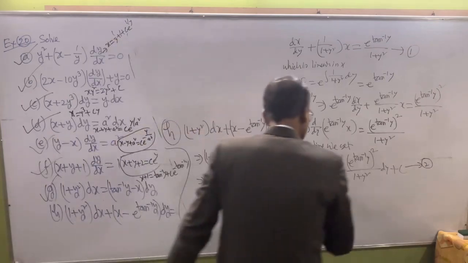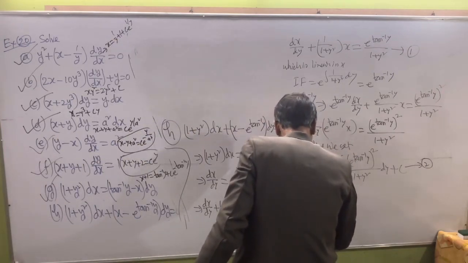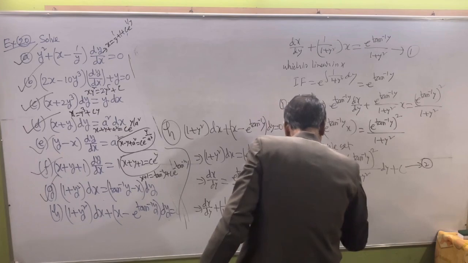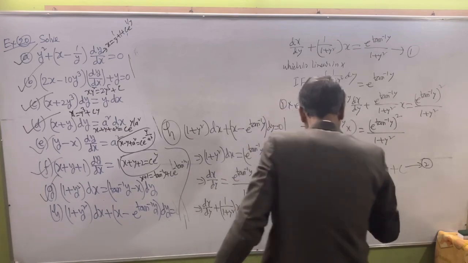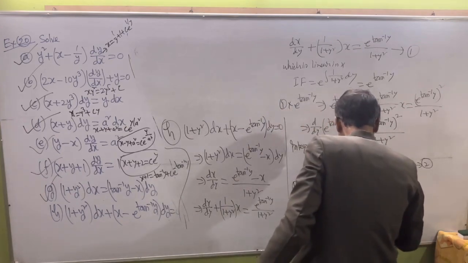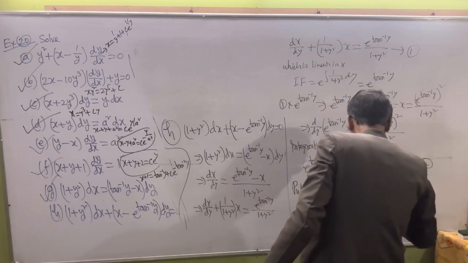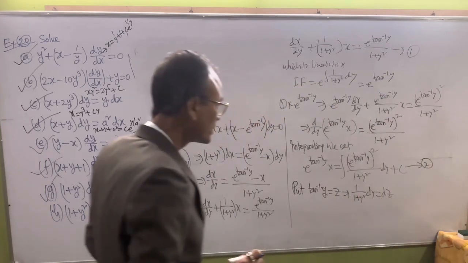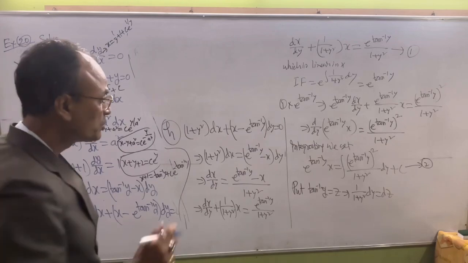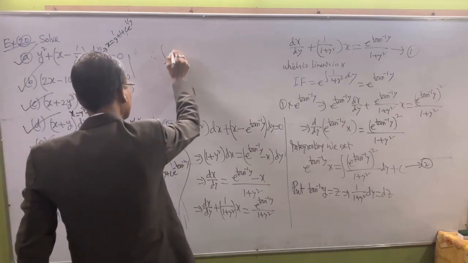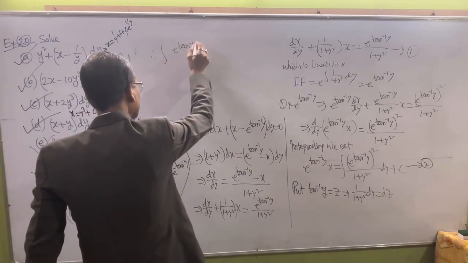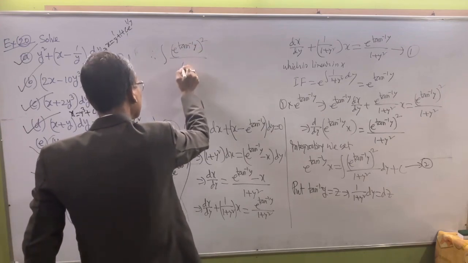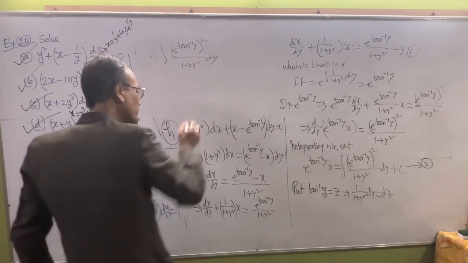Put tan inverse y equal to z. This means 1 by 1 plus y square dy equal to dz. Therefore, integrate e to the power tan inverse y whole square divided by 1 plus y square dy.